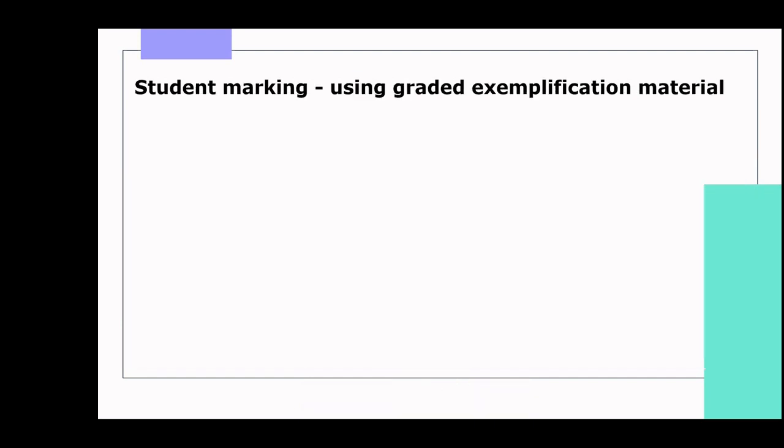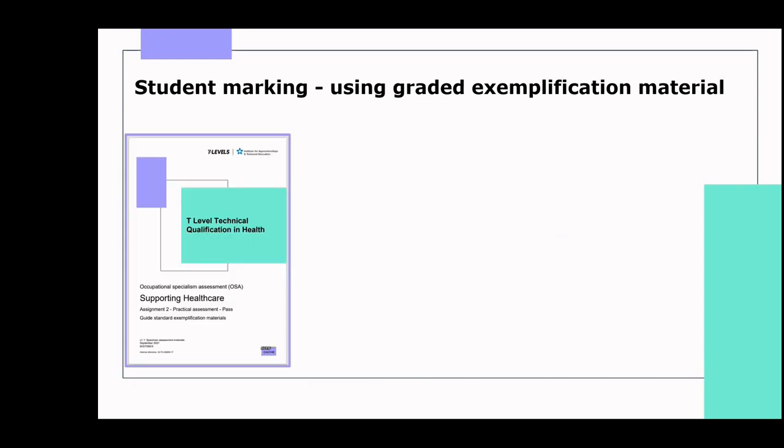Another really useful way for students to really understand how they're progressing and to formatively assess from a self-assessment and peer marking way is to get students to use grading exemplification materials. So on our NCFE website, there are both pass and distinction materials. This example here is the pass from the Support in Healthcare core.